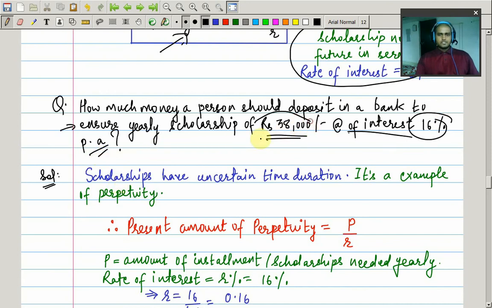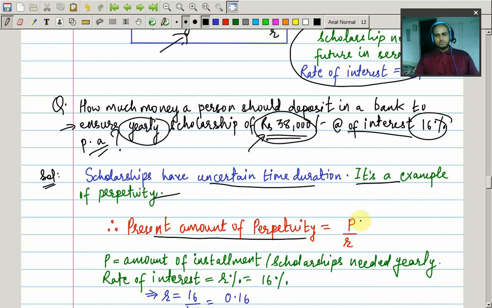So this 38,000 that student needs yearly. So how much money one should deposit in order to give 38,000 every year to students? Scholarships have uncertain time duration. It's an example of perpetuity. Present amount of perpetuity is P upon r.